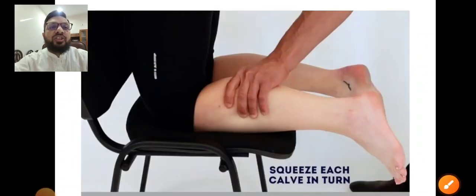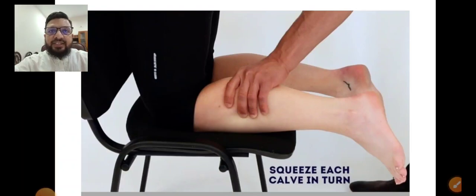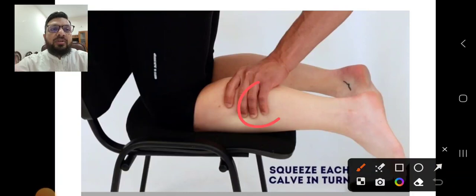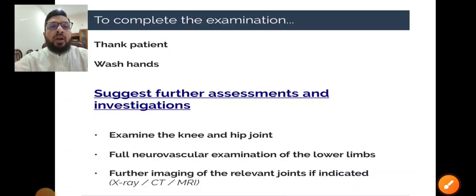So this is how you will perform this Achilles tendon test, also known as the Simon test. You will squeeze the gastrocnemius muscle and look for plantar flexion of the foot.